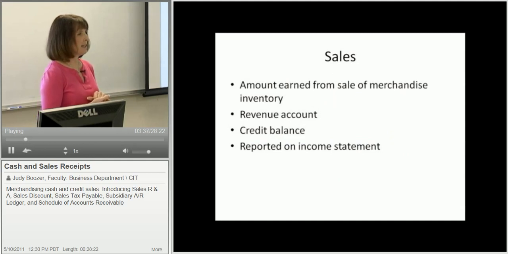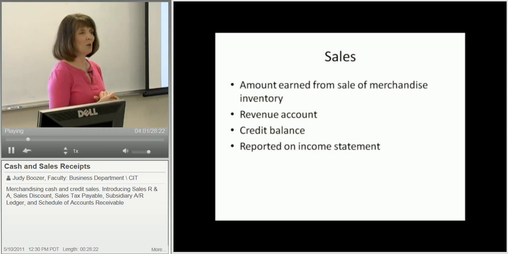Again, the sales account is a revenue account with a credit balance. In which financial statement does it occur on? Income statement. Does it occur on anything else? Any other financial statement? Nope, just income statement.